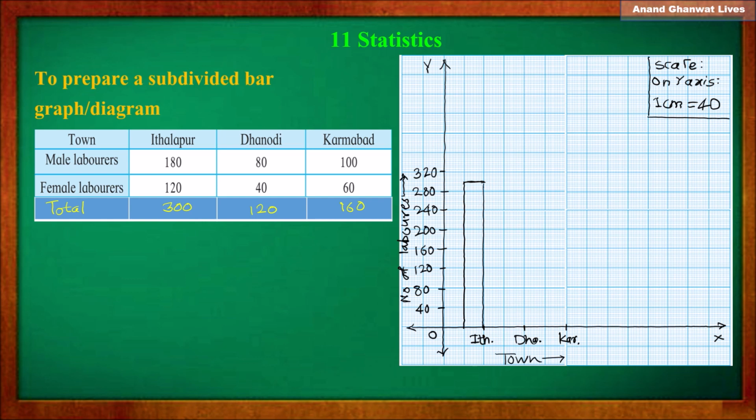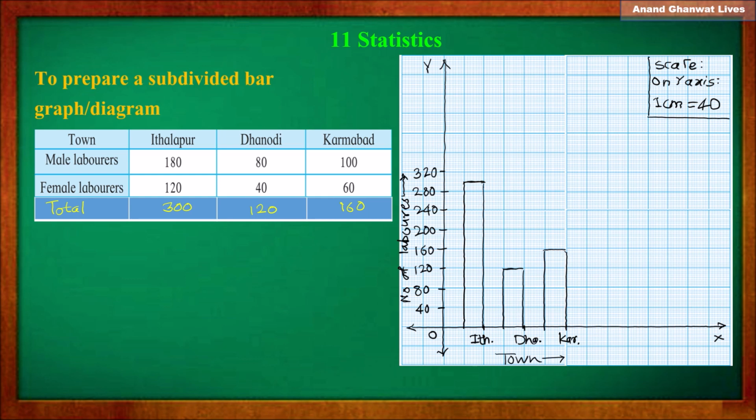So 120 is here. And total number of laborers in Karmabad is 160. So 160 is here. Now we have shown here the total number of laborers.